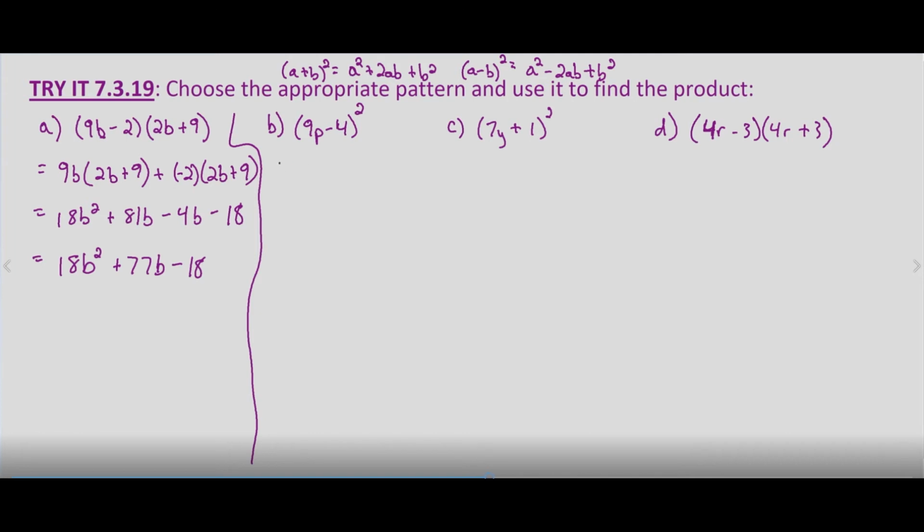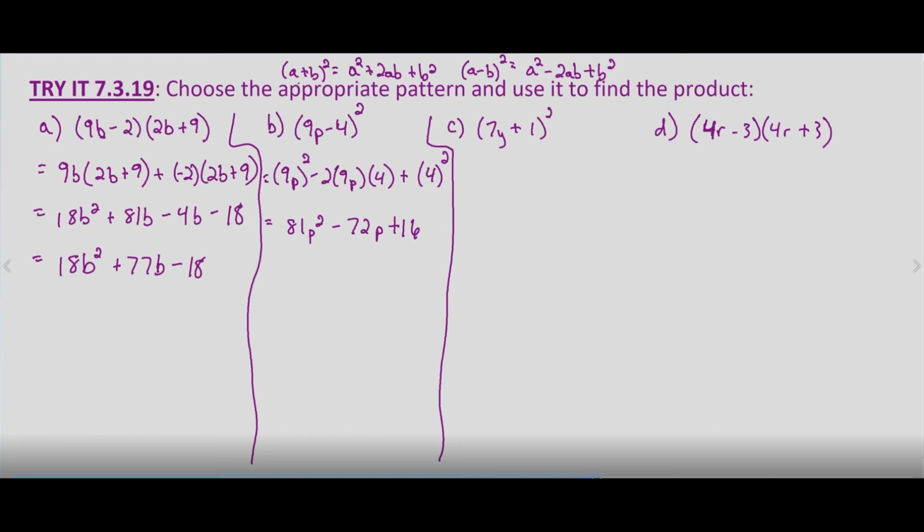So this is just going to be 9p squared minus 2 times 9p times 4 plus 4 squared. And that equals 81p squared, and then 4 times 2 is 8, times 9 is 72, so minus 72p plus 16. 7y plus 1 squared, that's again a binomial square.